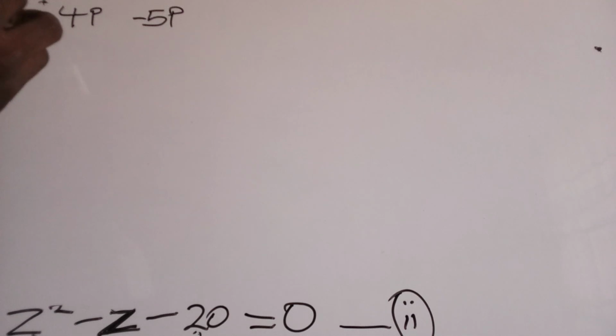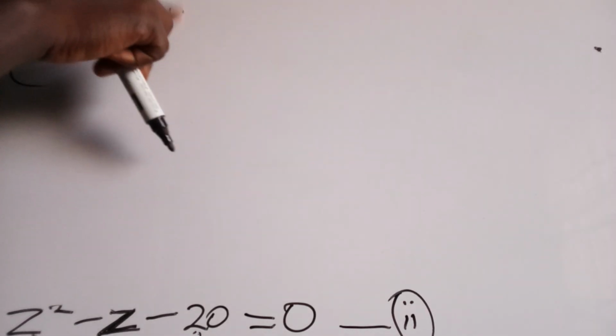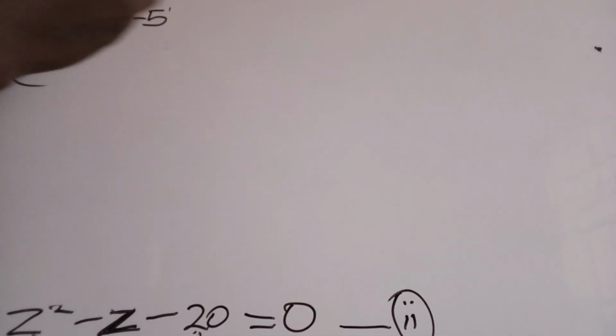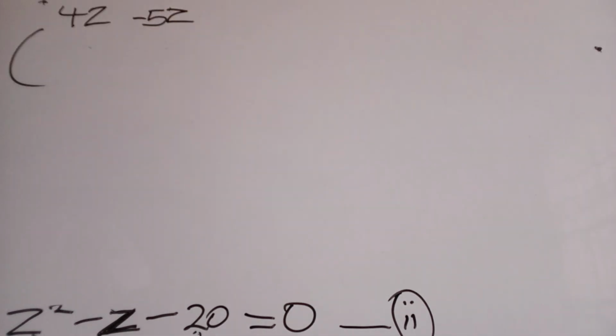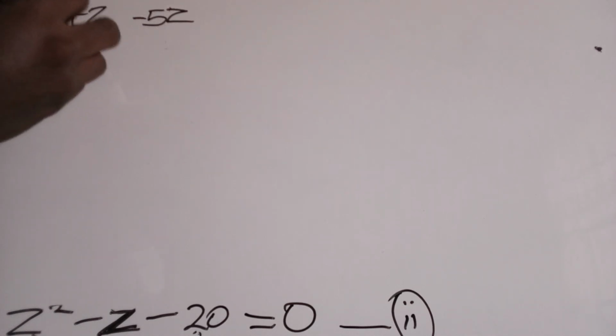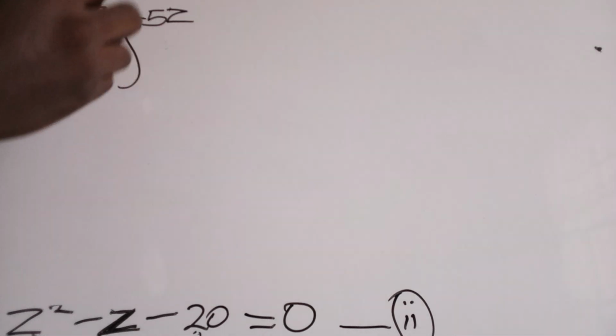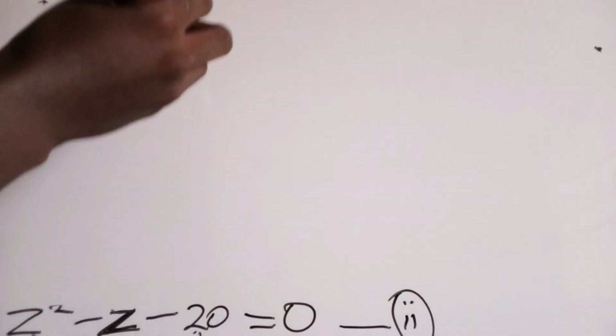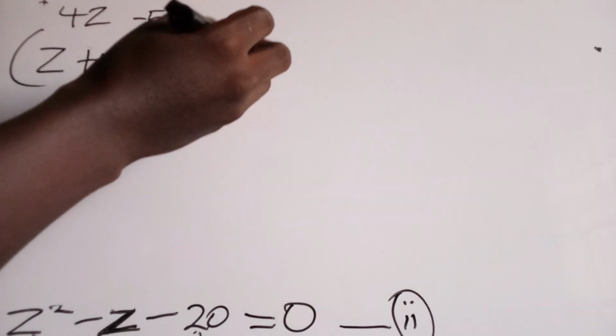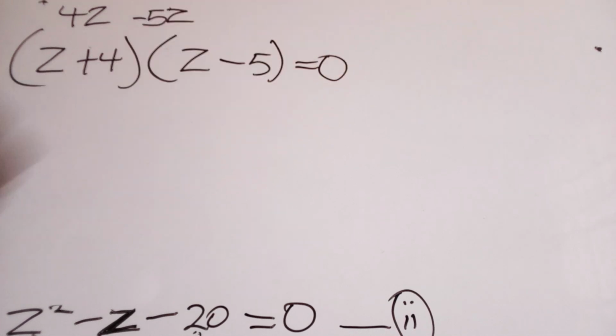So let's get started. We open a bracket. So we have z plus 4, and we have z minus 5 equals 0.